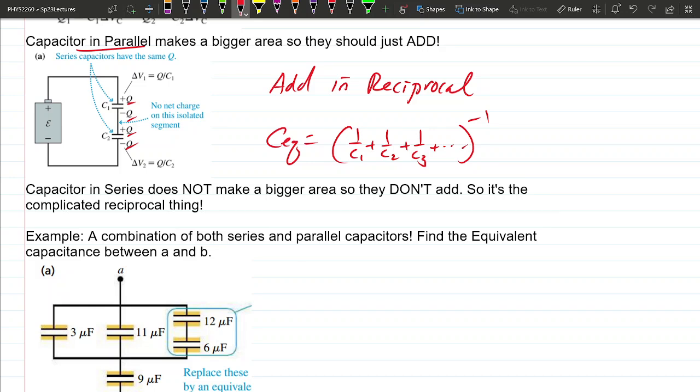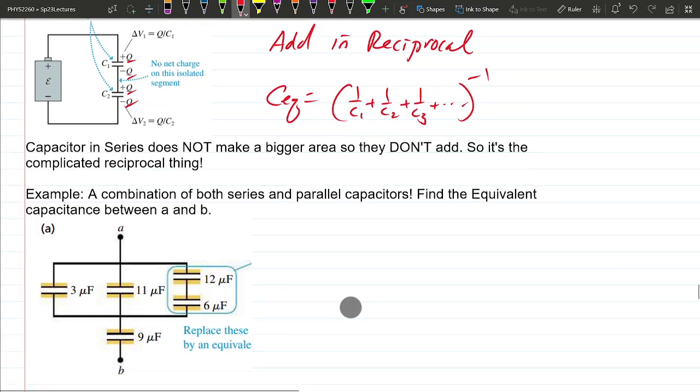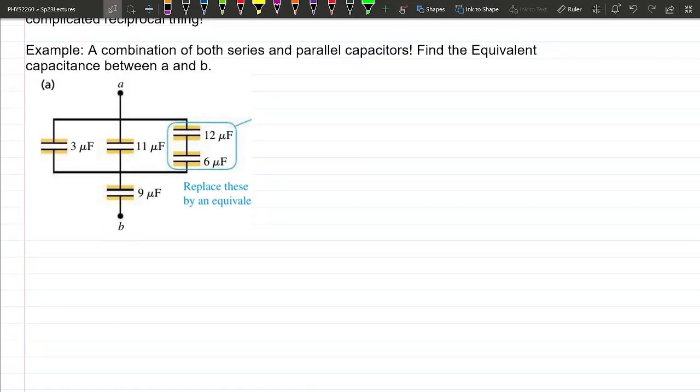So let's do a solid example here. Let's say I have this kind of complicated circuit where I have 1, 2, 3, 4, 5 different capacitors. What will be the equivalent capacitance of this entire tree of series and parallel capacitors together?